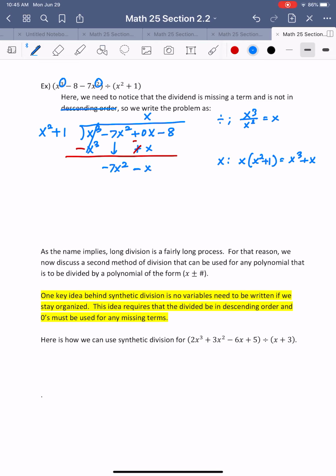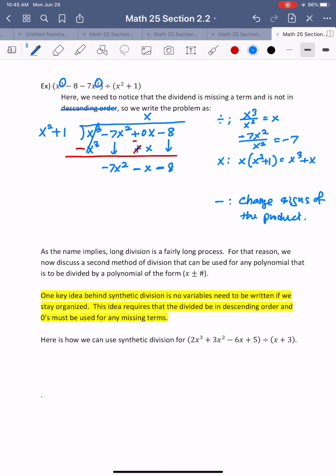But this is actually the 3 terms, so divide just the 3 terms because x squared plus 0x plus 1, but you don't need to put the 0x, okay? And then we just subtract, right? Yeah. Change the sign of the product. Now divide again. Negative 7x squared divided by x squared.